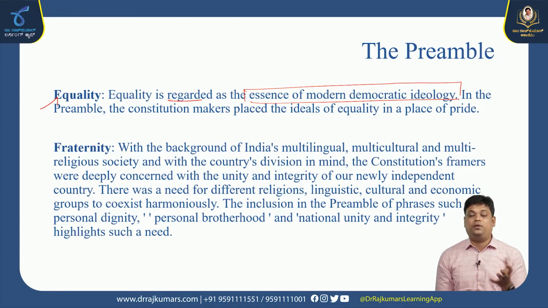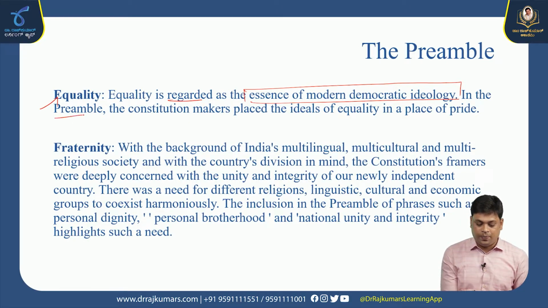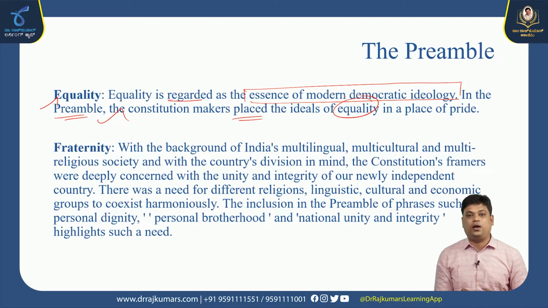The 77% of the population was not given representation in casting their vote. So equality is regarded as the essence of modern democratic ideology. In the preamble, the constitution placed the ideals of equality in a place of pride. Every citizen in this nation is supposed to be equal in all aspects.